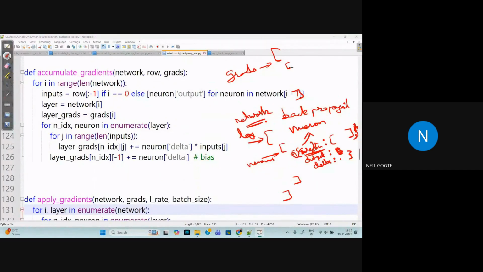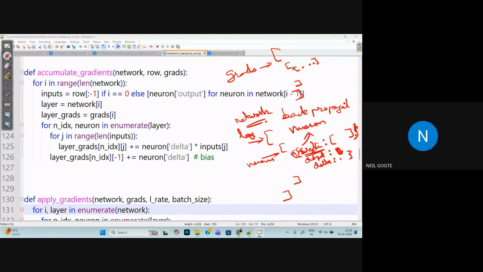Each layer has a list of neurons. Each neuron has a list of gradients. This is how the grads data structure is kept. It's a list of lists of lists. It doesn't have a dictionary. So that is how it is kept.